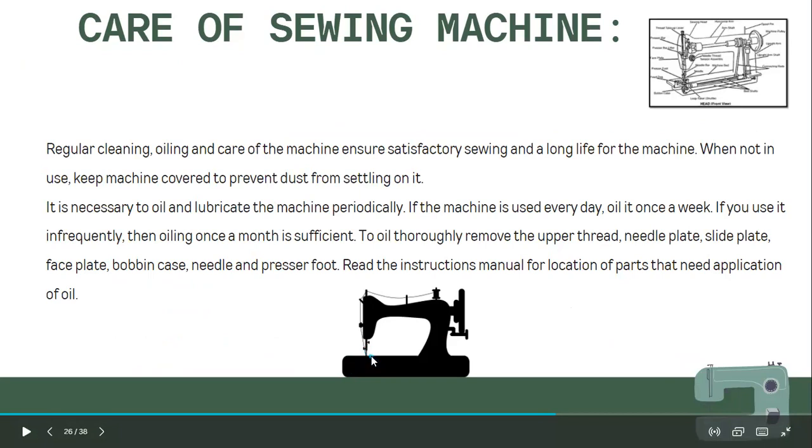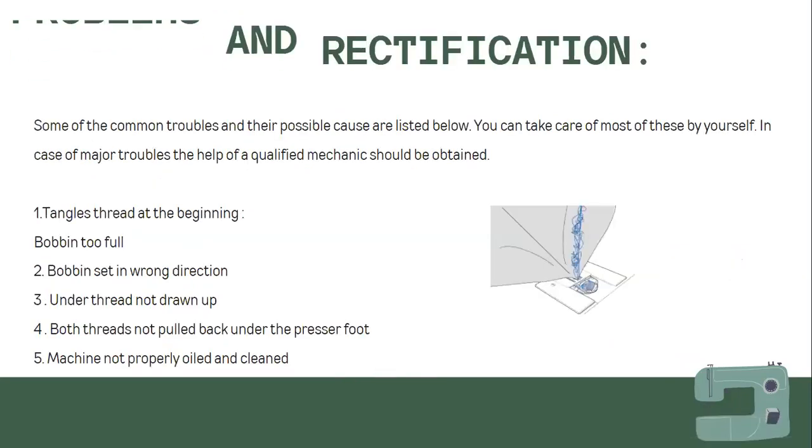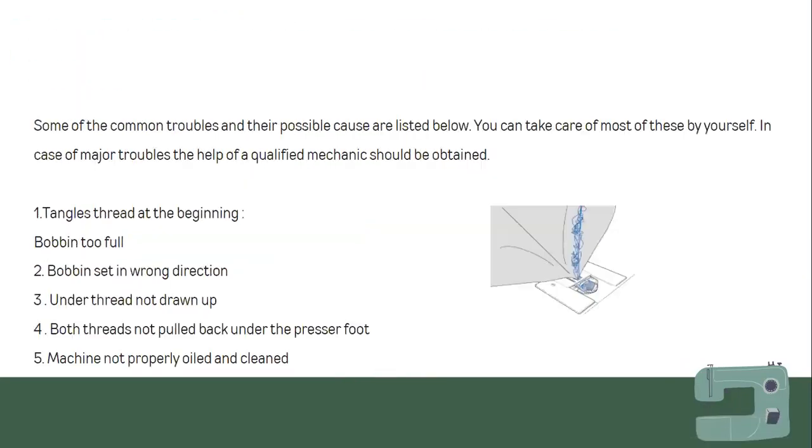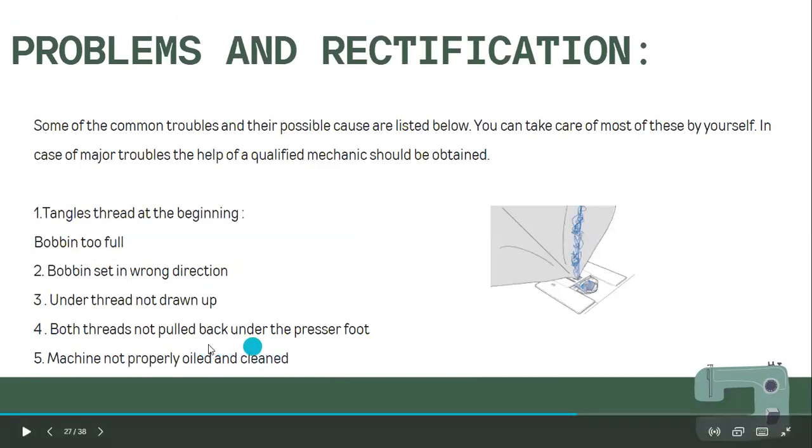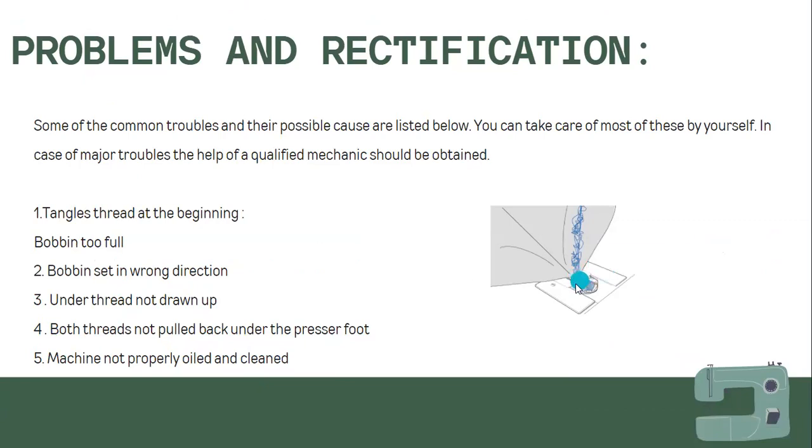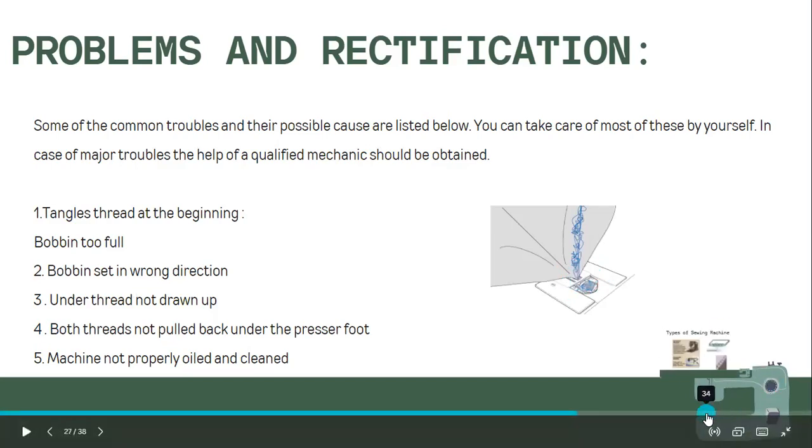Sometimes the under thread is not drawn up, and sometimes both the threads are not pulled back under the presser foot. The tension should be the same. Both threads should be pulled back under the presser foot over here, and then only a good stitch is formed. Another problem is the machine is not properly oiled and cleaned, then also this problem can occur.